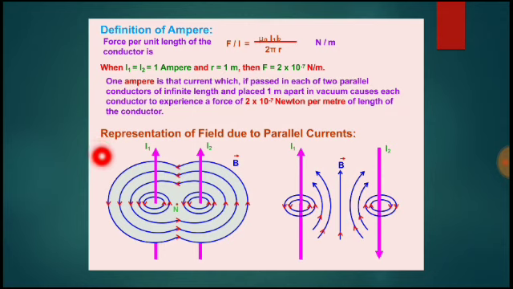Around each conductor carrying I1 and I2 a magnetic field is present, but at midway the magnetic field is in the perpendicular direction. Okay students.